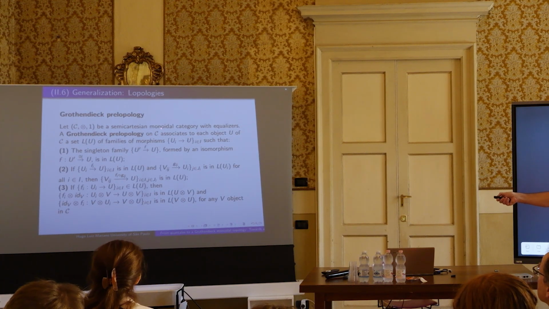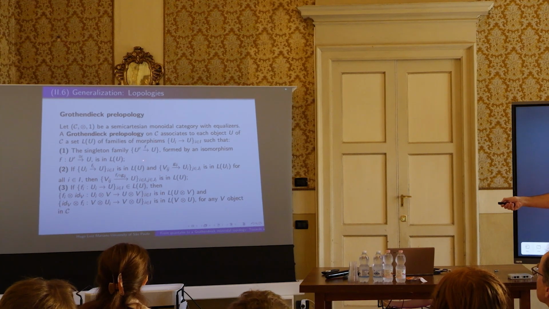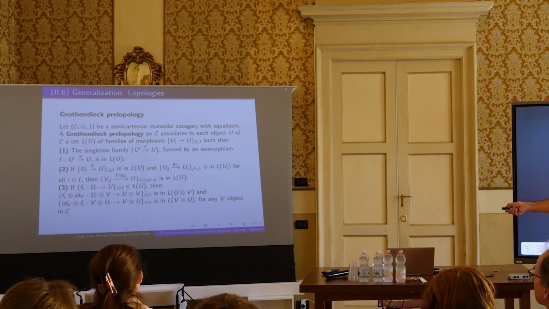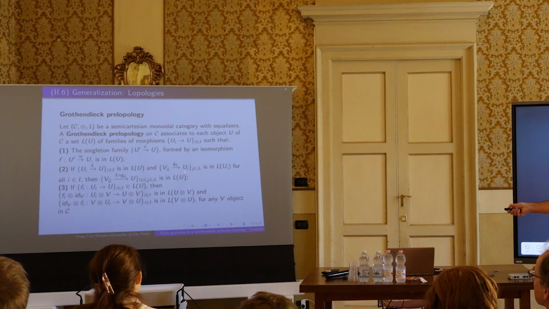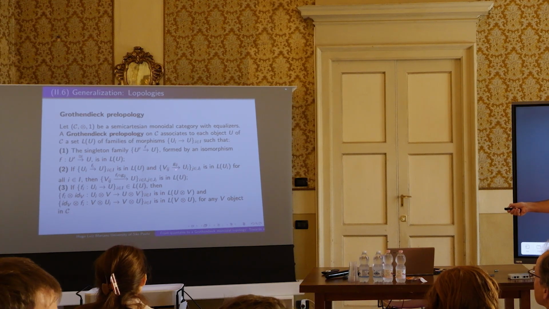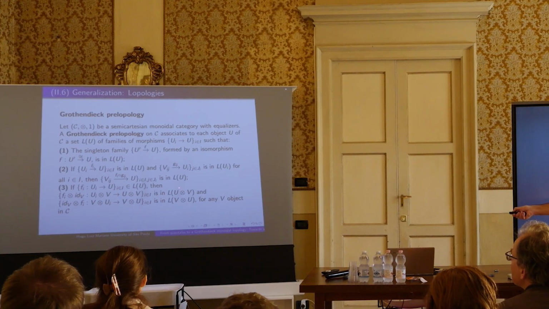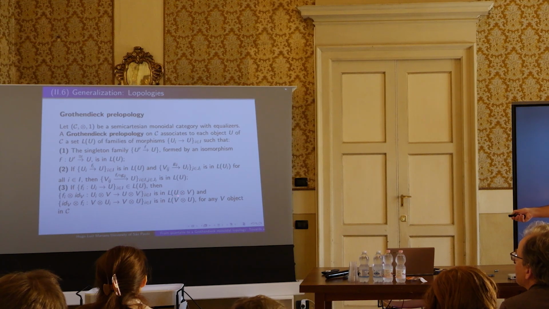And the conditions of Grothendieck pre-topology 1 and 2 are the same as in pre-topology, but stability is not required for all kinds of morphisms. For instance, we choose an object V, and we have a covering Fi.